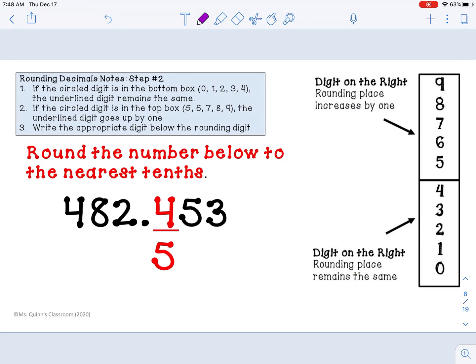Okay, so again, we're rounding to the tenths place. We've underlined that 4. We circled the number that comes after it, and it was a 5. A 5 goes on the top of the chart, which means that we're going to round the number up, and it's going to go up to a 5.